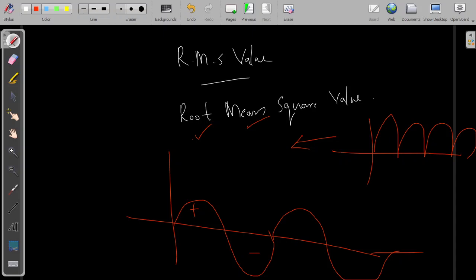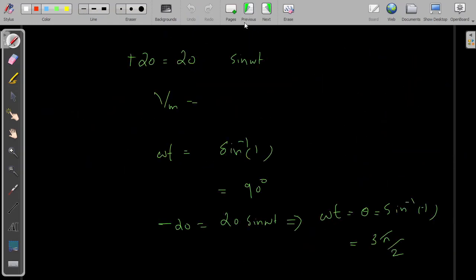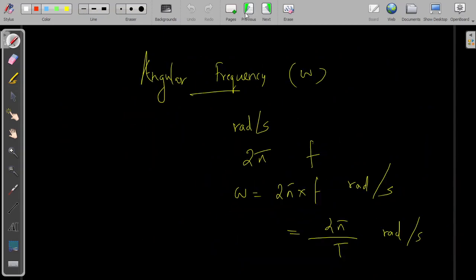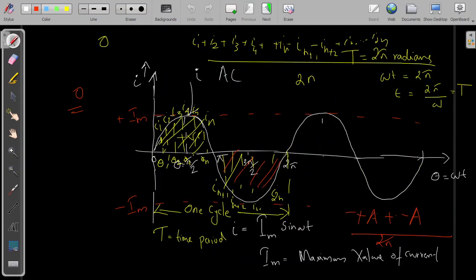Let me consider again the same waveform. We square it, meaning all the values get squared.